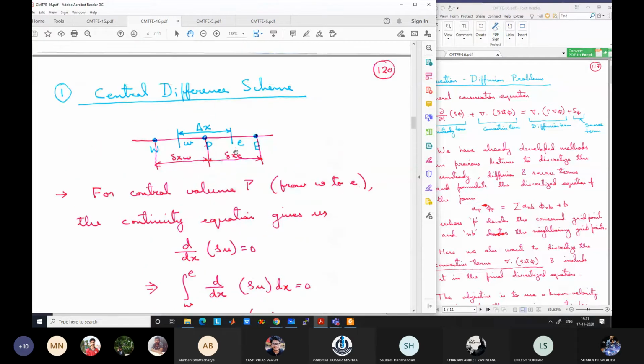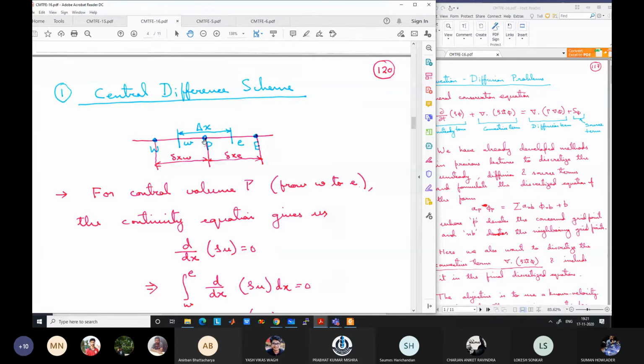So let us come back to our familiar discretized grid structure. The entire domain is divided into a large number of control volumes, out of which we are considering a particular control volume P, which goes from small w, the interface, to small e. The length of the control volume is capital delta x, and it is represented by a grid point P at its center.